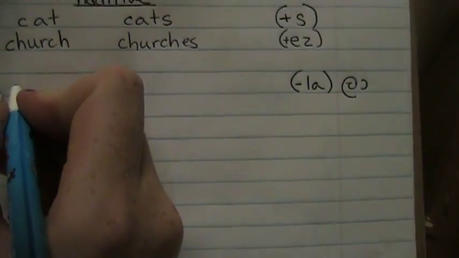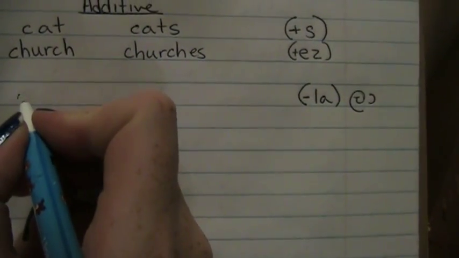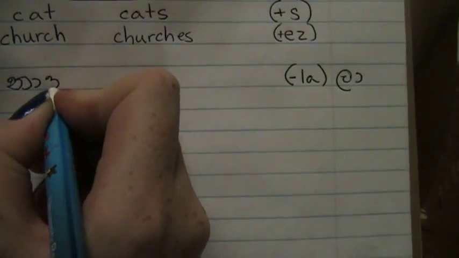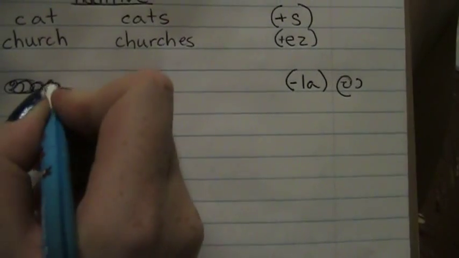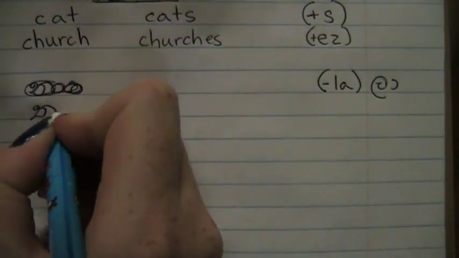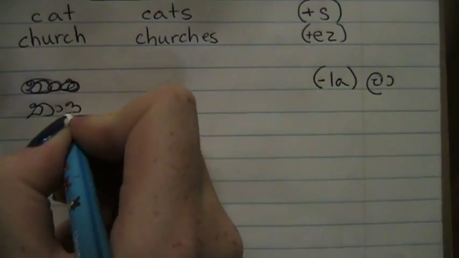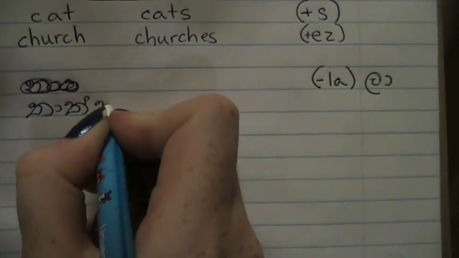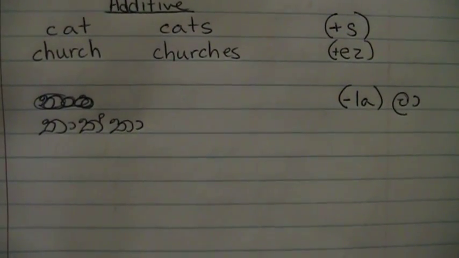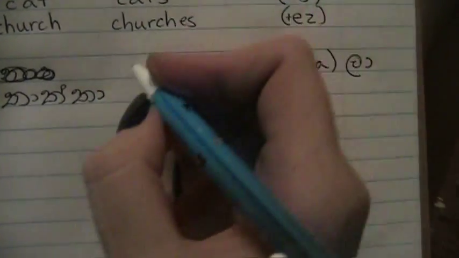An example would be the word for father, tatta. Oh, wait, I miswrote that. Okay. Tatta, okay, so that's the word for father.